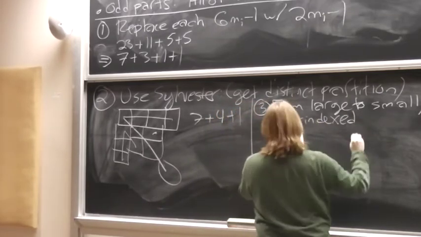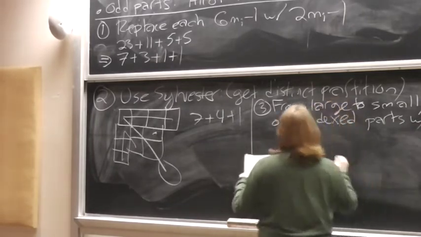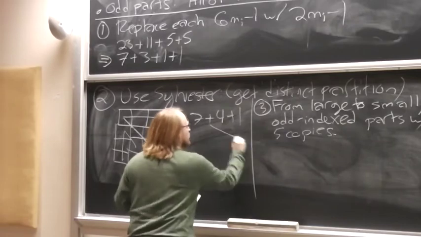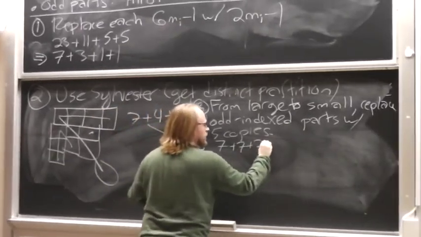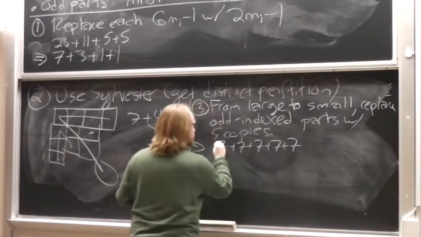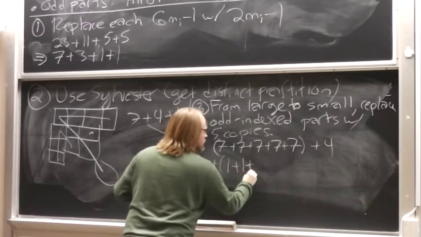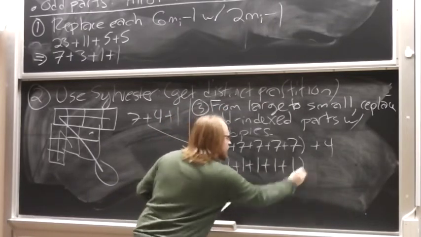For Morrison's small, replace odd index parts with 5 copies. And so now this becomes 7 plus 7 plus 7 plus 7 plus 7 plus 4 plus 1 plus 1 plus 1 plus 1 plus 1.